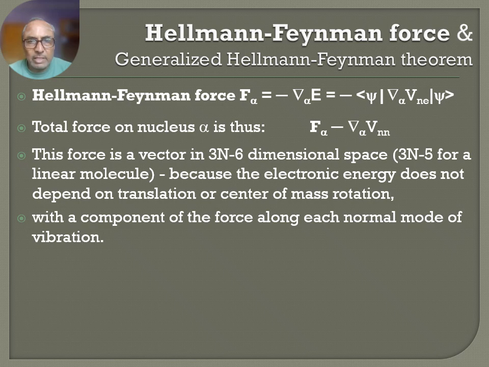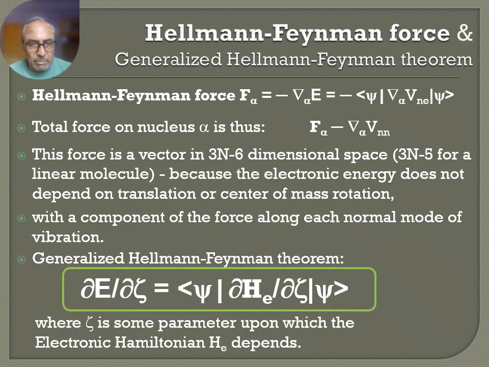This leads to a generalization of the Hellmann-Feynman theorem, where the electronic Hamiltonian He depends on some parameter zeta. We can generalize the Hellmann-Feynman theorem and derive the expression in the same way as del E by del zeta equals bra psi del He by del zeta psi ket.